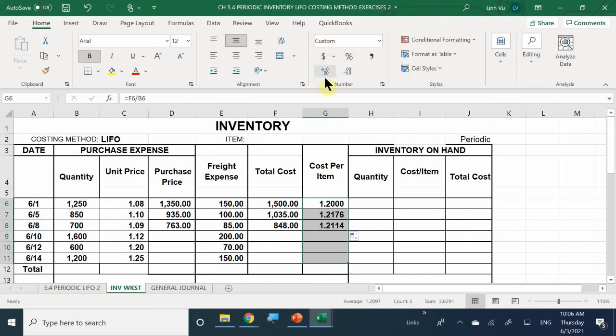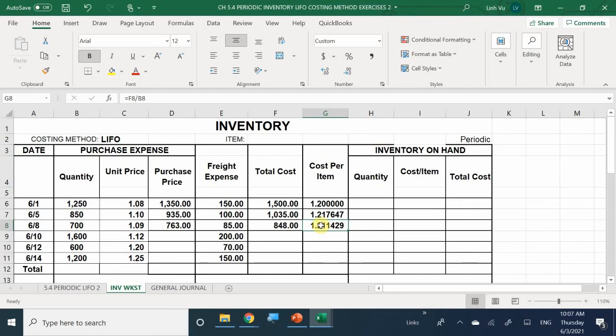You have this little icon that says increase decimal places or decrease decimal places. In this case, I want to increase. If I keep pressing it, my decimals keep increasing and it shows me the 10,000th of a penny.